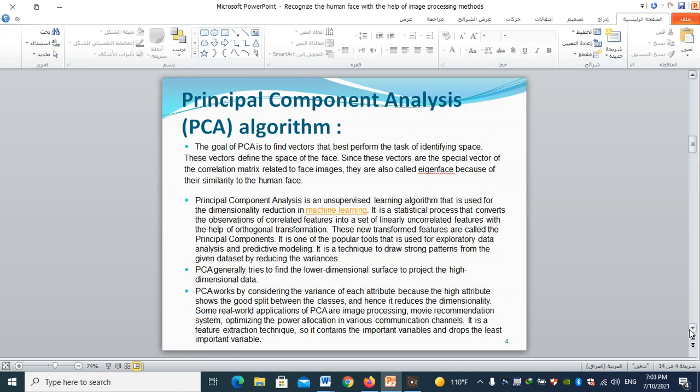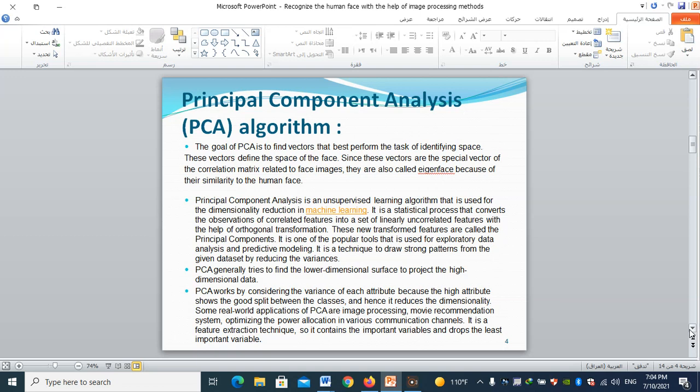PCA generally tries to find a lower dimensional surface to project the high dimensional data. PCA works by considering the variance of each attribute, because a high variance attribute shows a good split between the classes, and hence it reduces the dimensionality.